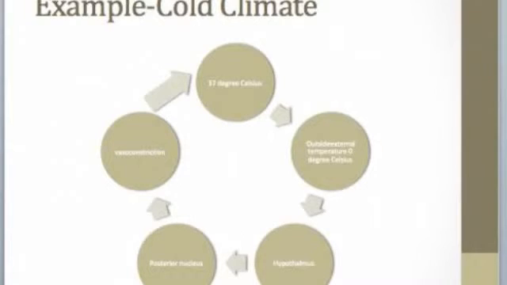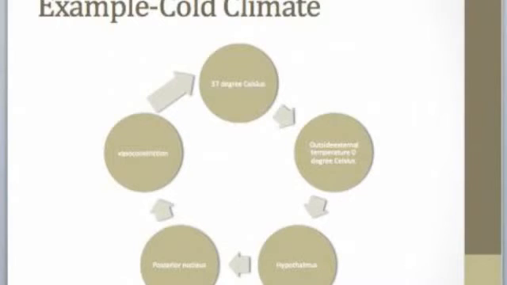Let's warm up. So it sends a signal, but instead of the anterior nucleus, it now sends it to the posterior nucleus. This stimulates vasoconstriction, and vasoconstriction works by keeping blood deeper in the body, so there's less heat loss. And then our body can return back to its internal temperature of 37 degrees Celsius.